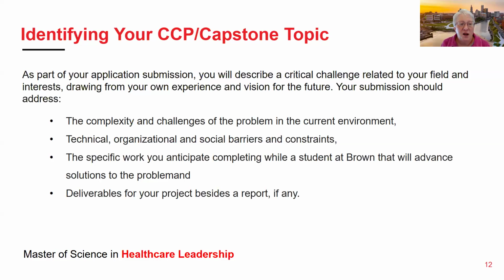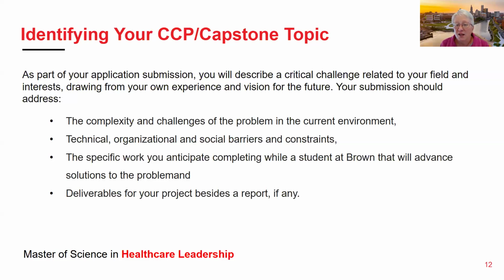So we want you to think about, based on your experience or vision for the future, what are the complexity and challenges of the problem in the current environment? What are technical, organizational, and social barriers and constraints? What specific work you anticipate completing while you're a student at Brown that will advance solutions to the problem? And deliverables for your project besides a report, if any.